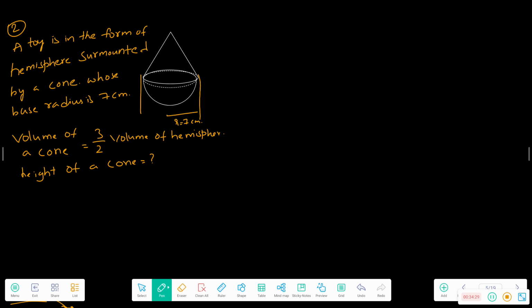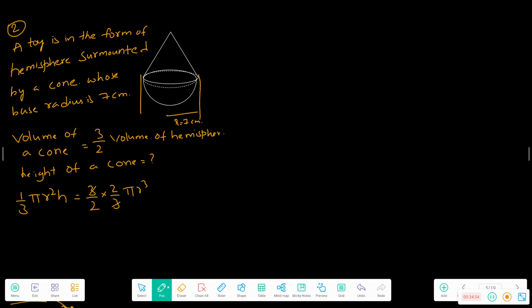Now the volume of a cone, we know the formula is 1 by 3 pi r square h, and it is equal to 3 by 2 times the volume of the hemisphere, that is 2 by 3 pi r cube.